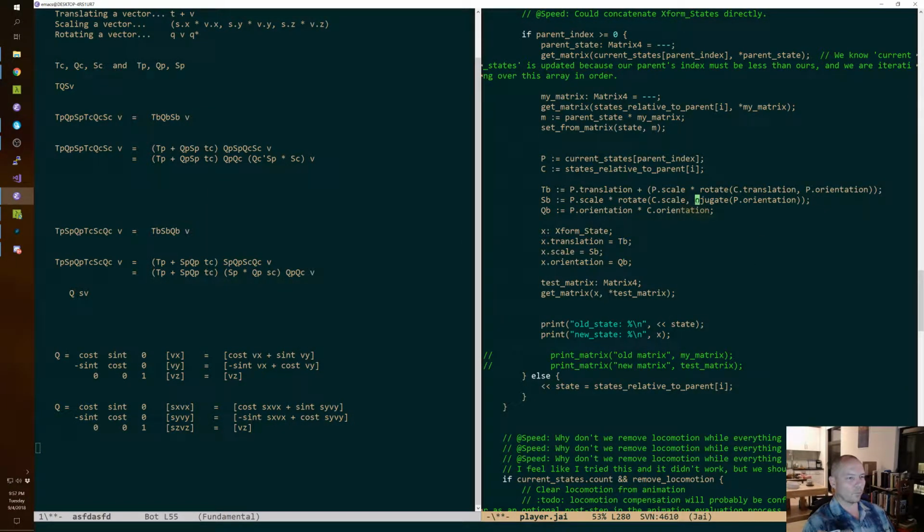I know that you can factor these things in any order because they're matrices. They're linear transforms, so you can factor them back and forth. Well, we know this, actually.